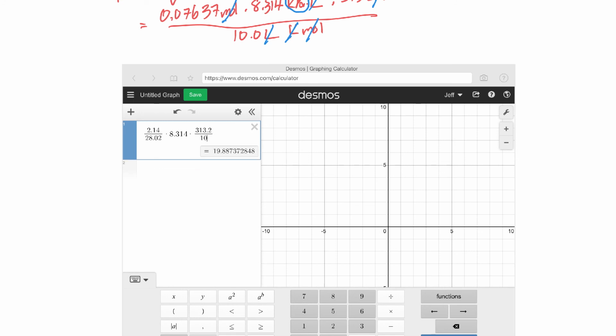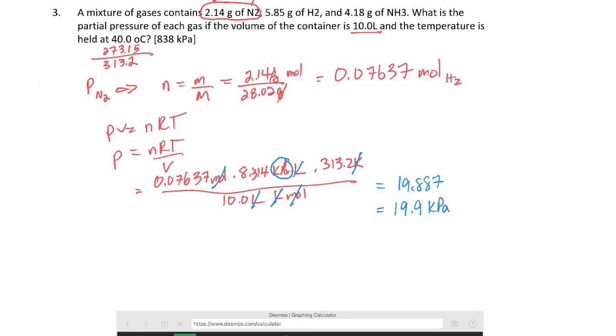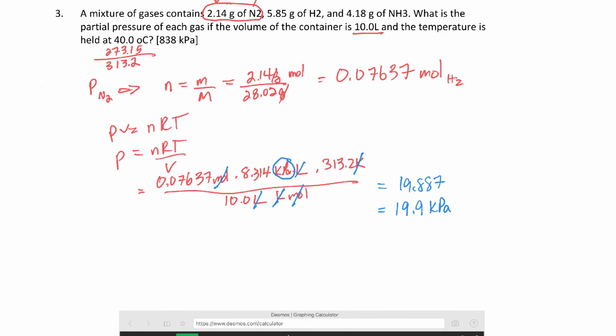Okay, there we go. My answer is 19.887, etc. I think there are 3 sig figs, so we'll call this 19.9 kilopascals. That'll be the partial pressure in that tank due to nitrogen.